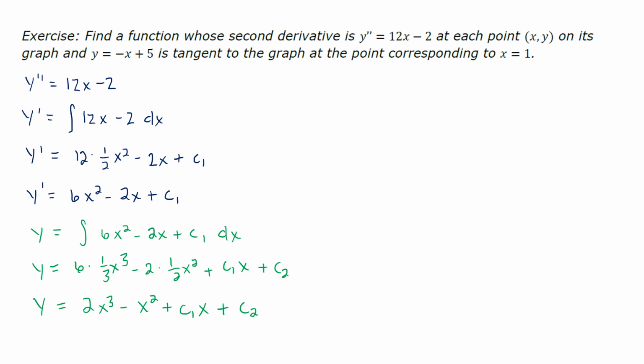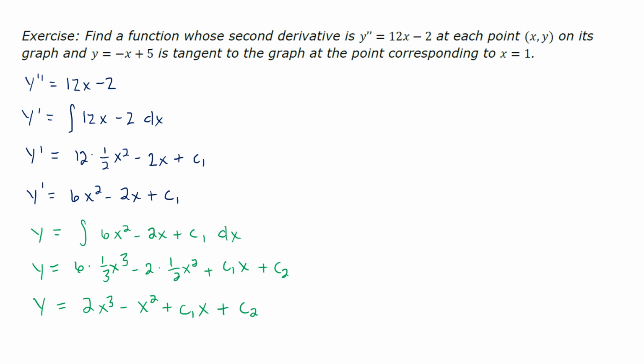Okay, so since we know that we have a tangent to the graph, we can find the point at which this tangent line is attached to our graph, as well as the slope of this tangent line, both of which will help us identify our coefficient c1 and our constant c2.